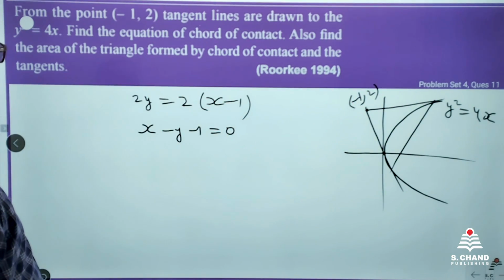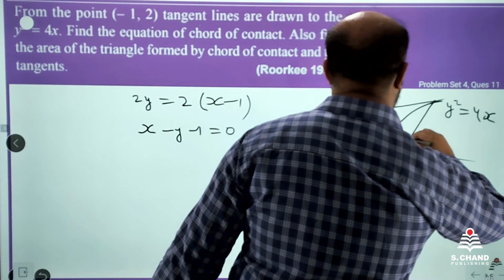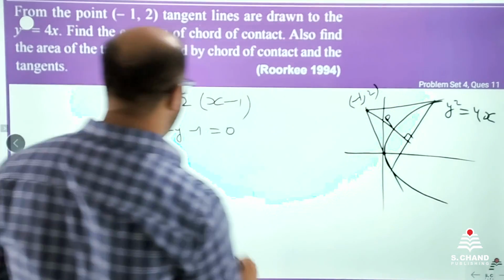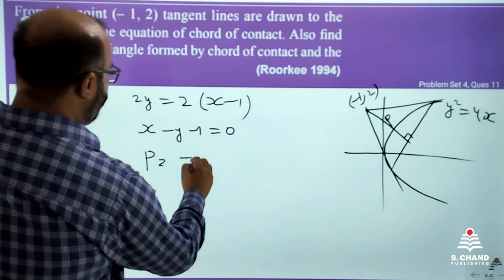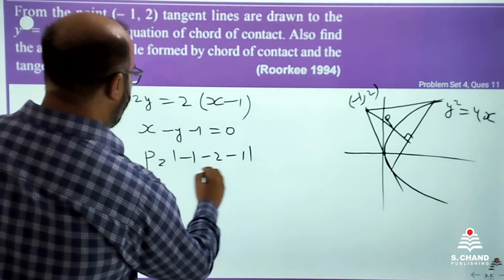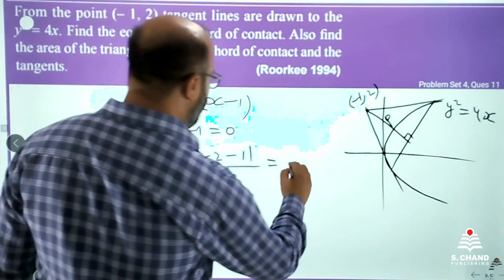Also find the area of the triangle formed by chord of contact and the tangents. So let us find the perpendicular from here, P. What is its length? The point P is minus 1 comma 2, so minus 1 minus 2 minus 1, mod by root over 2. So this will become 2 root 2.